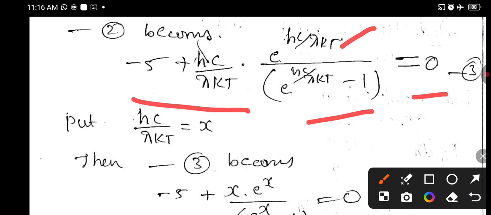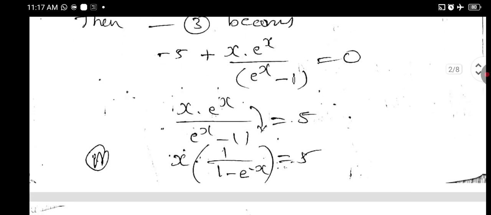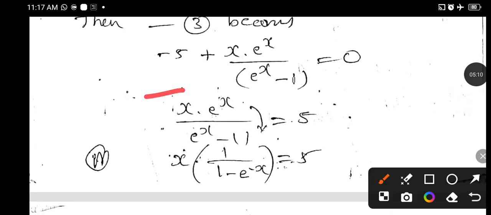Then let hc/lambda kT equal x in this equation 3. We get minus 5 plus x e to the power of x by (e to the power of x minus 1) equal to 0. On simplifying we get this.